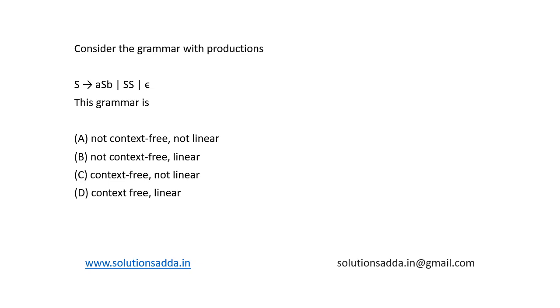This is a question from theory of computation. Consider the following grammar with productions S derives ASB, SS or epsilon. This grammar is, and four options are given.